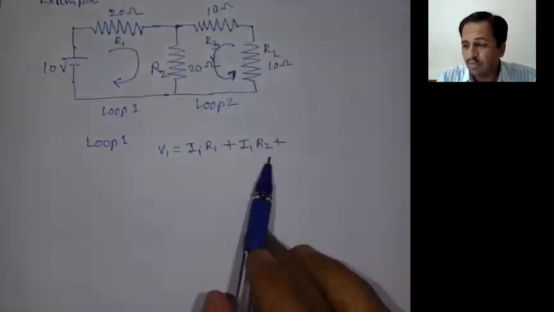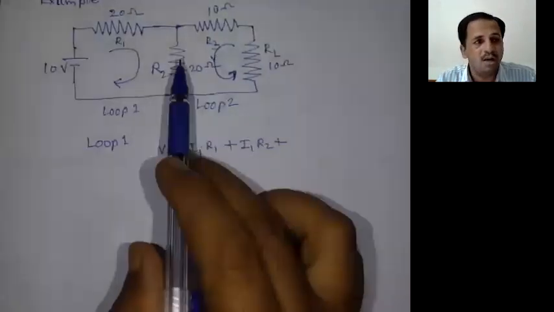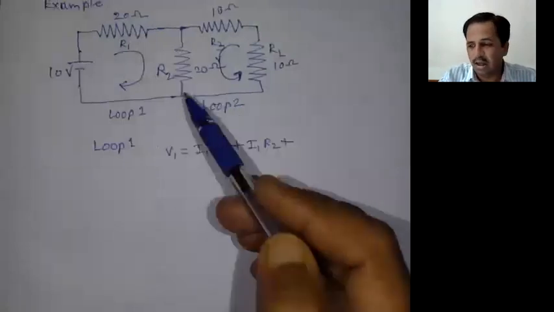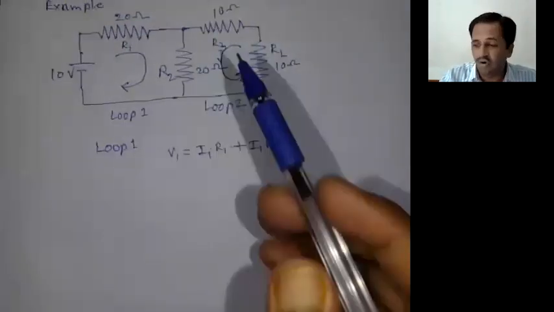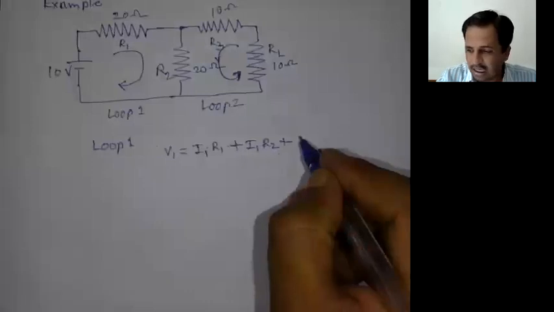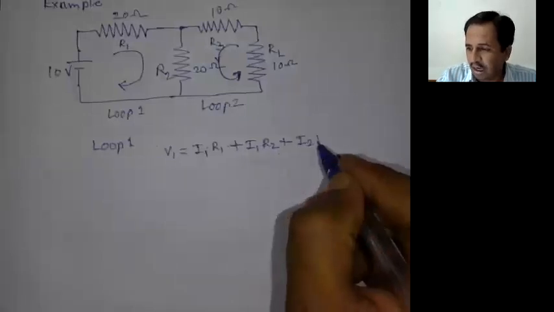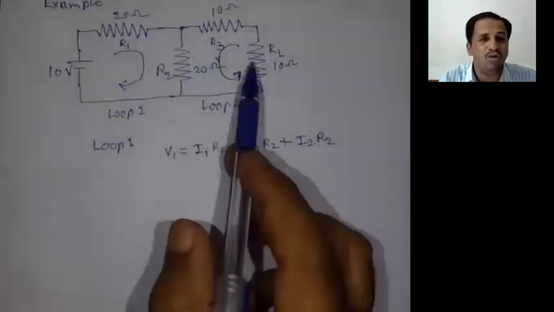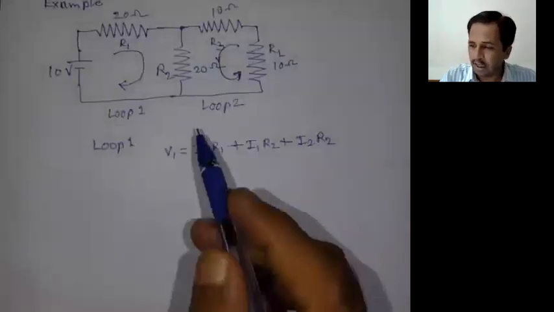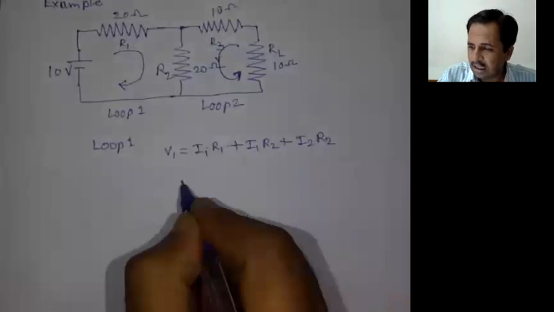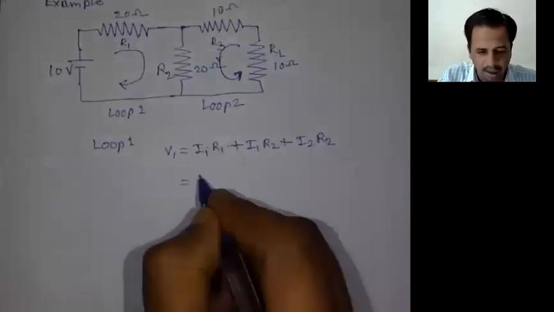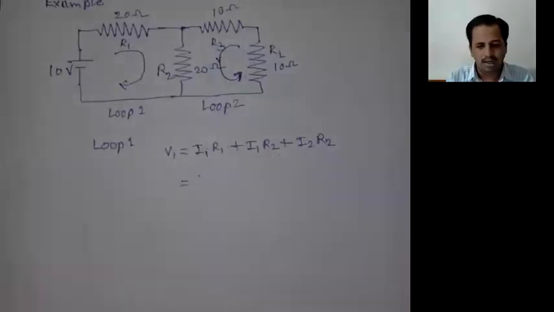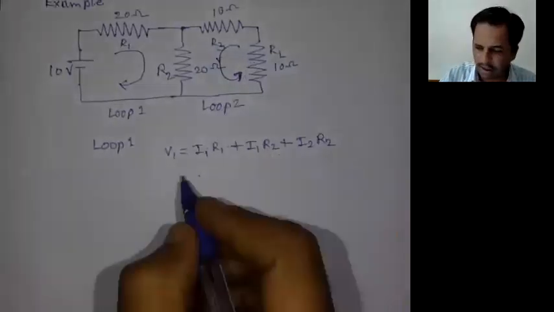Why plus? Because the current flowing through this resistor is from the top side towards this side, so we write the plus sign, and here current I2 and R2, the current I2 flowing through the other closed loop. Now we have to simplify this: take the I1 term common, or directly put in the resistance values, and simplify this equation.